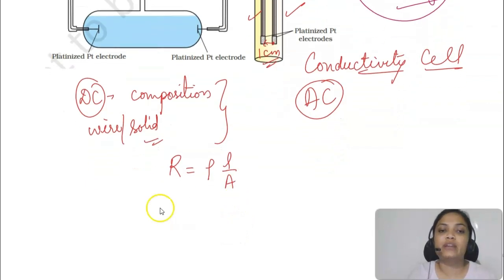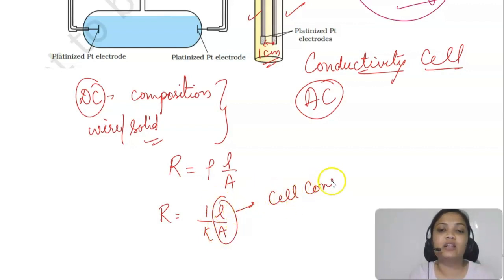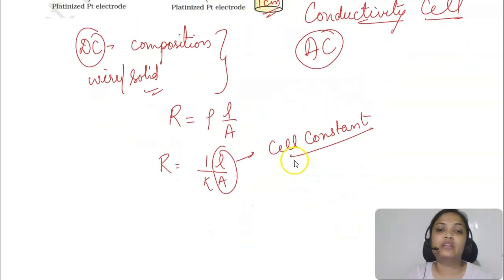Students, the resistance will be given by rho L upon A. Rho, the resistivity, you can write as 1 upon kappa, the conductivity, so R is 1 upon kappa into L upon A. Now this L upon A is known as the cell constant, because we cannot calculate the value of length and area of cross section directly, but we can measure the cell constant, and the measurement of cell constant and the resistance can give us the value of the conductivity.